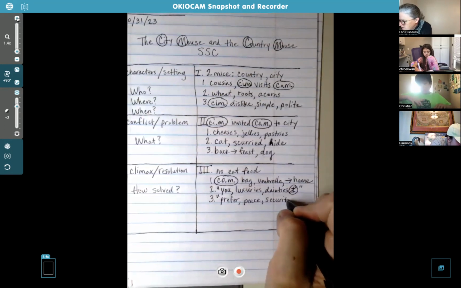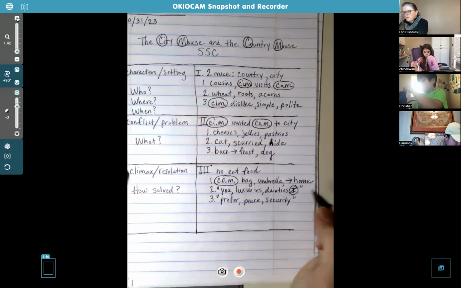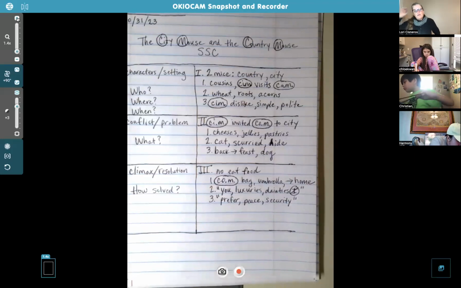security. Do you know what security means? Can somebody tell me what security means? Safe. Go ahead, Chloe. You have something else to add to that? Like what if you're at Disney, it's like making sure no one breaks in.